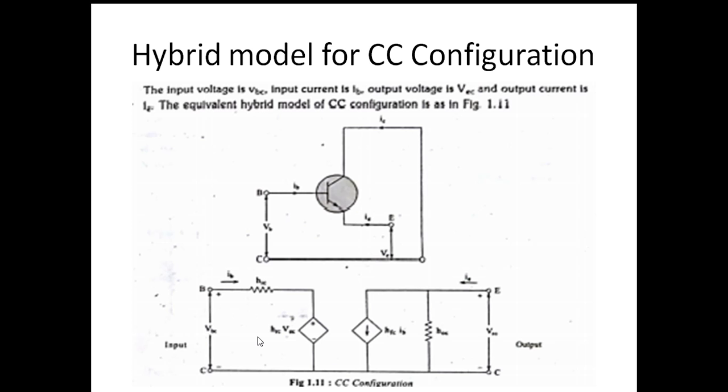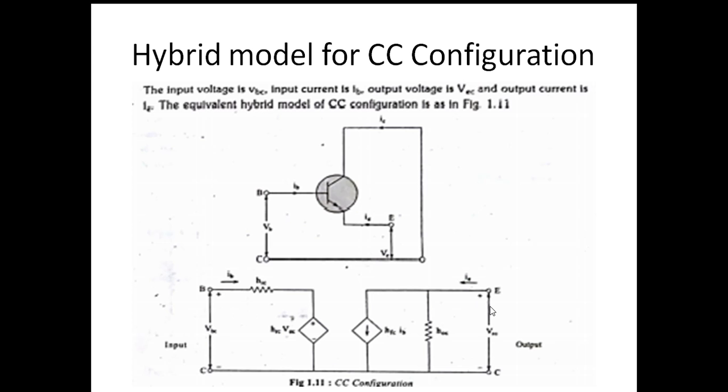The first voltage consists of HIC IB. The product of these two, HIC, is a resistance, through which the current IB flows. Plus HRC VEC, where VEC is the output voltage.